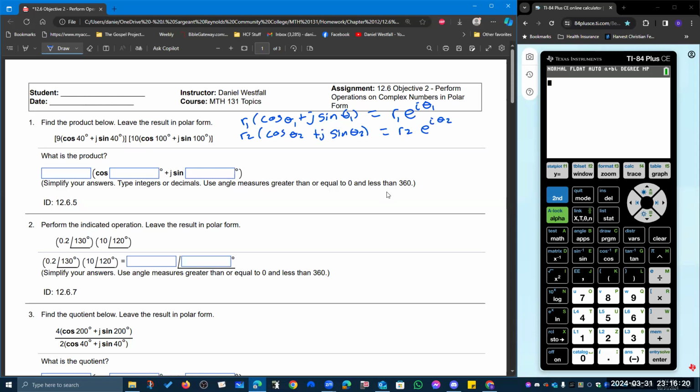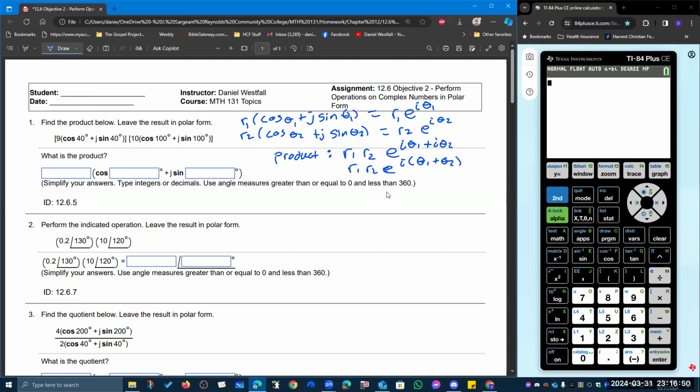The product rule for these complex numbers in polar form is going to be r1 times r2 e to the, when we multiply like bases, we add the exponents, I theta 1 plus I theta 2. So we're going to bring that I out and make this theta 1 plus theta 2. And that's going to give me my rule for what I'm going to do here.